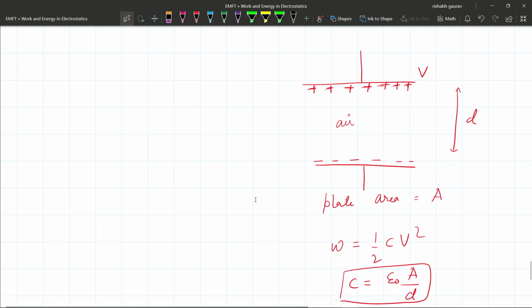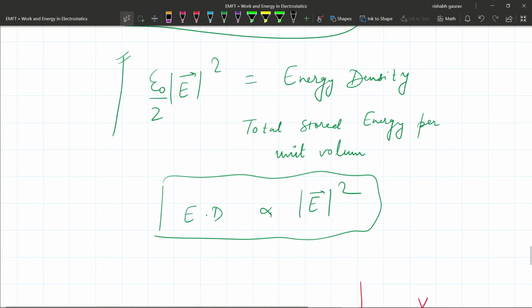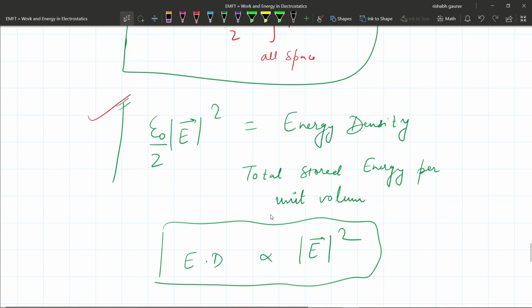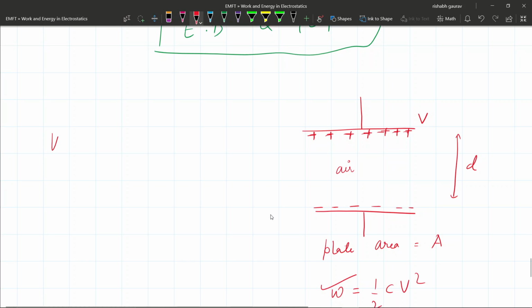Now we can find the same energy using the concept of energy density. Let's see how. The total energy is W equals epsilon naught by 2 integral of E squared dV.